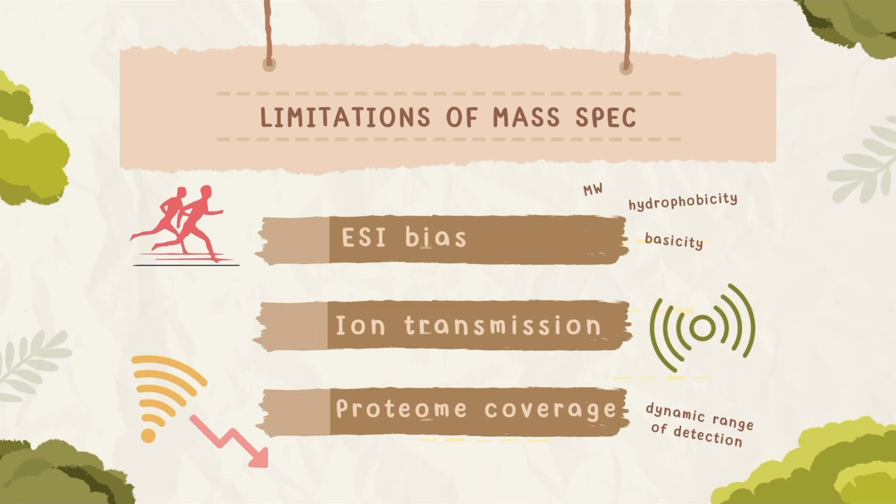Also, ion transmission efficiency remains a barrier, especially when measuring low-abundant peptides and small populations of cells. Stemming from this is the low proteome coverage, since some of the clinically relevant proteins in plasma have low concentrations, for which mass spec may not have the required dynamic range of detection.